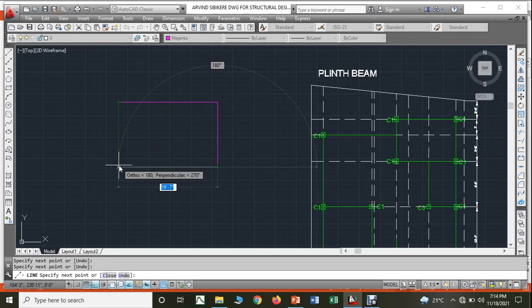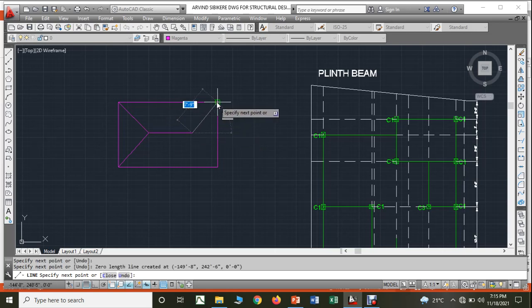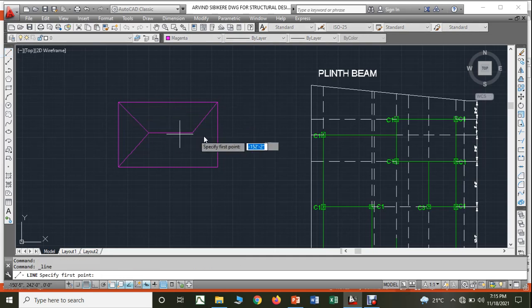Usually the distribution of the load will be like this, what we call a trapezoidal load. This is the usual distribution of the loads in slabs.